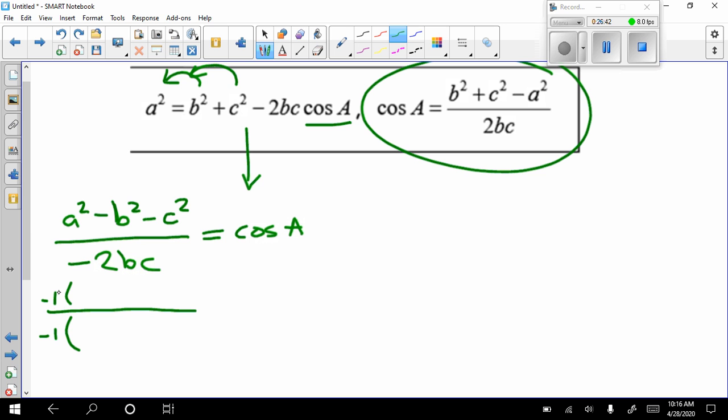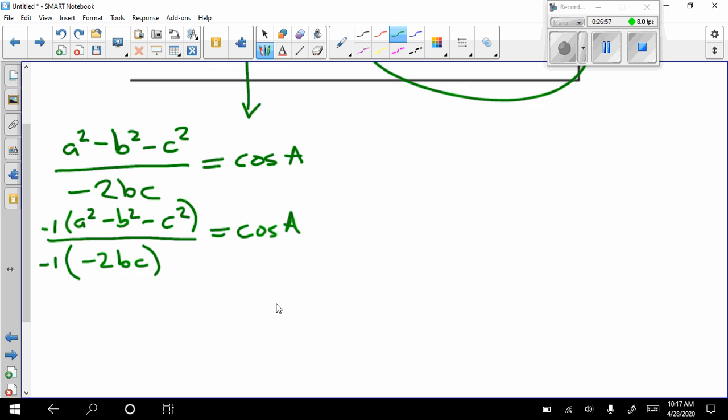As long as you do the same thing to the top and bottom of a fraction, you don't change it. So A squared minus B squared minus C squared and negative 2BC. Okay, so I'm just showing you this, and watch what happens now. If you do -1 times negative 2BC, on the bottom you end up with 2BC. It just gets rid of the negative.